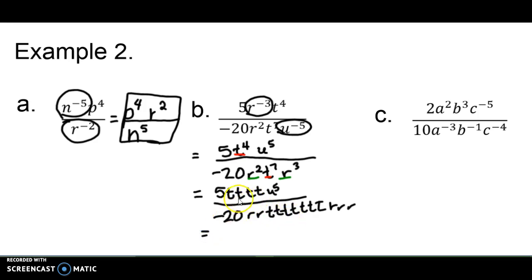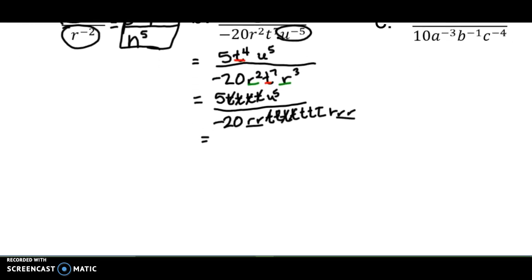Okay, so this is going to combine a few different properties. I'm going to cross out my t's on the top and on the bottom. And I'm going to see on the bottom, I'm going to need to multiply together all of my r's.